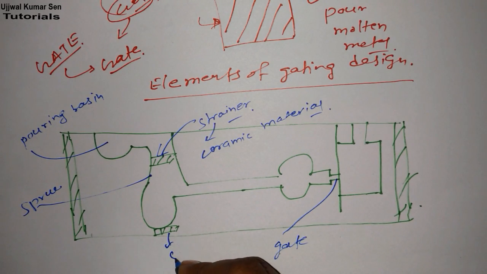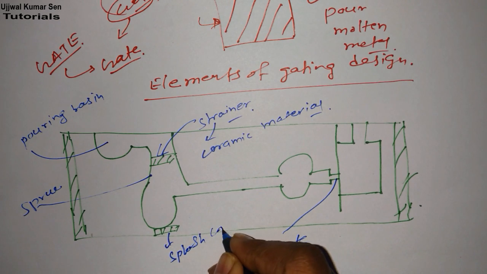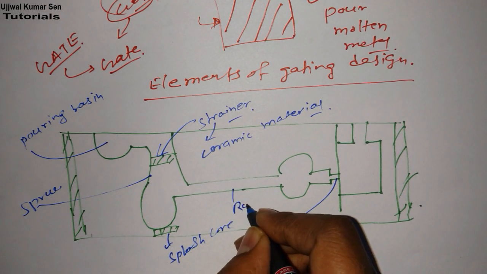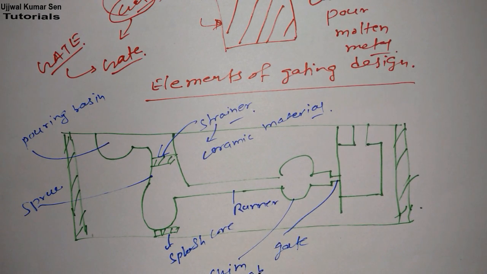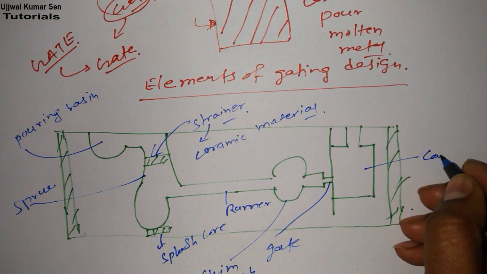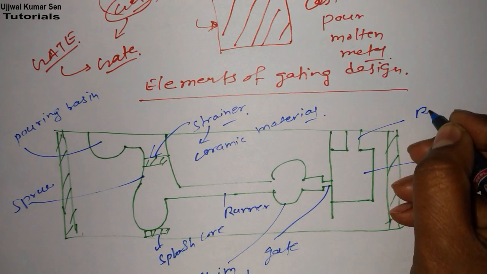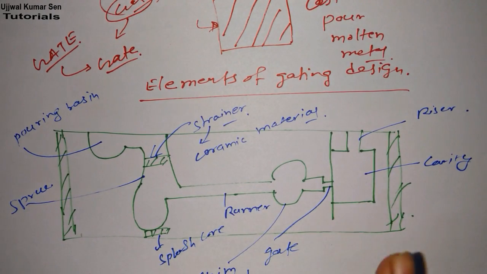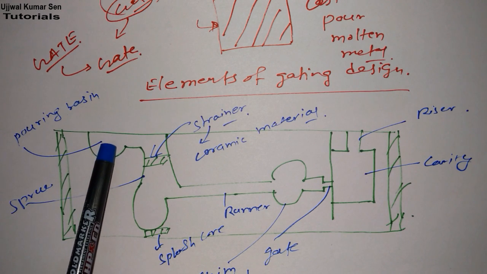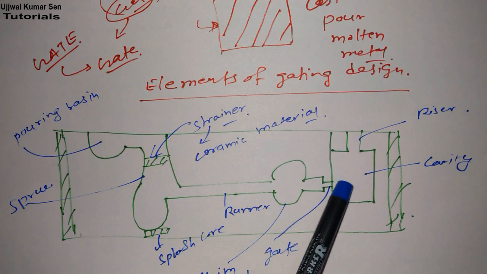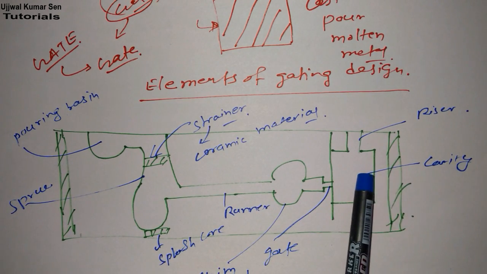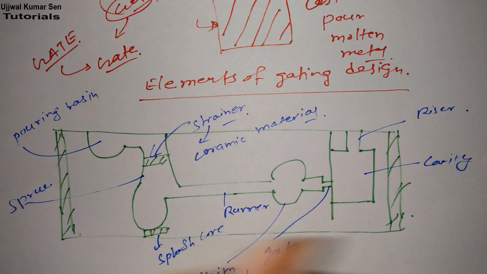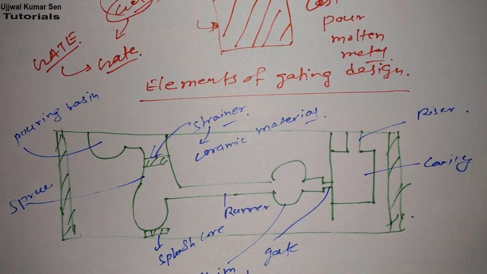This is the splash core, this is the runner, this is the skim bob, then the cavity, and this is a riser. We pour molten metal here, it goes to the gate, and then the riser, which is provided because of shrinkage allowance. So this is all the theoretical part.